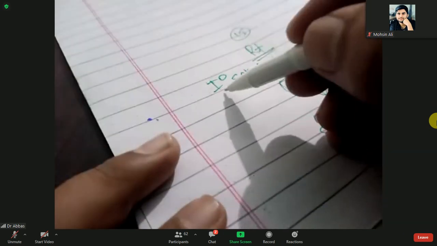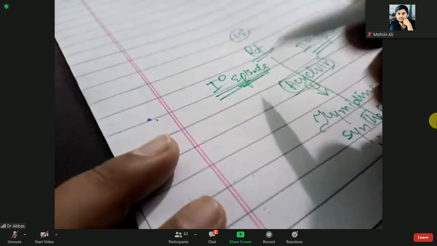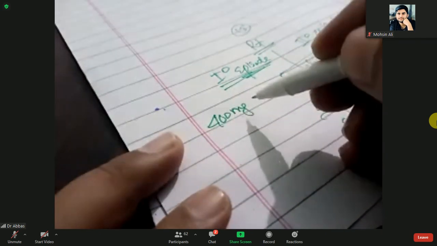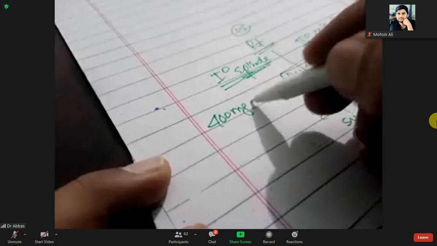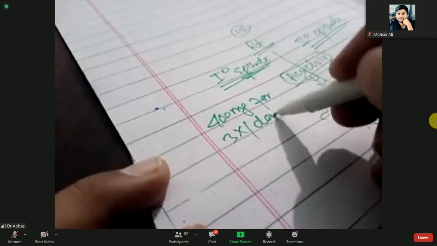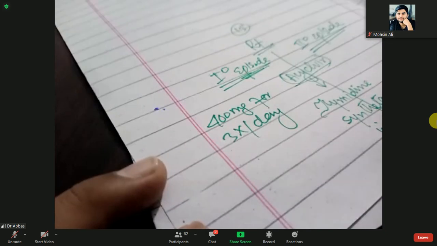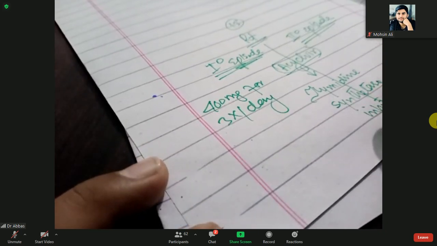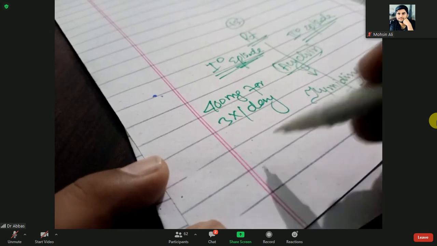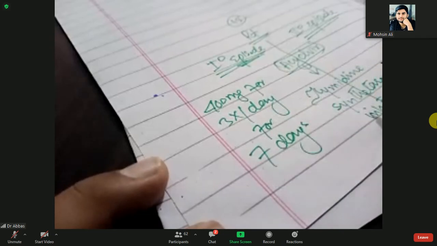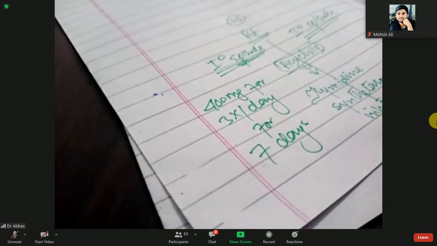The primary episode is much more severe. So how much dose will you give? You will give 400 milligrams, okay, 3 times per day, 400 milligrams 3 times a day with plenty of water or fluid intake for a period of 7 days. For 7 days. But keep in mind, you will give it after food with plenty of fluid intake.